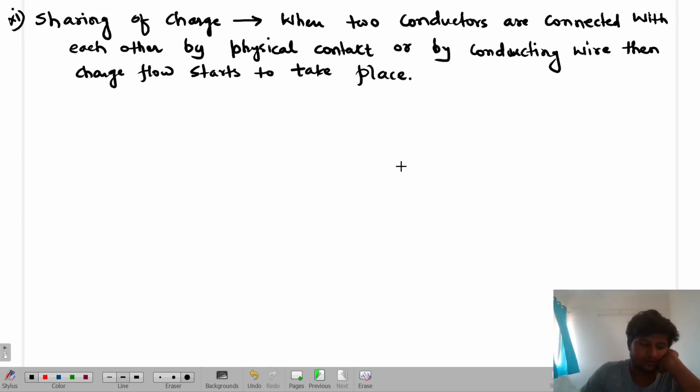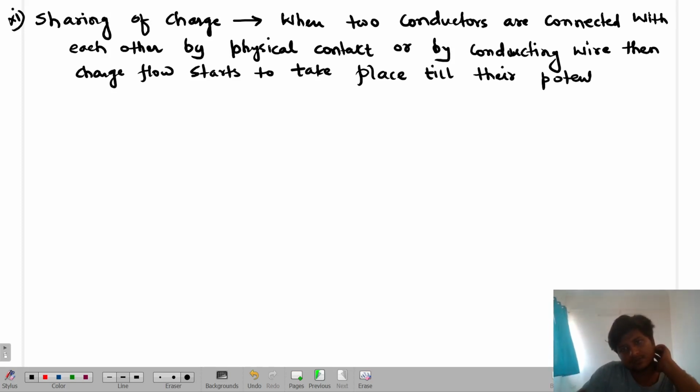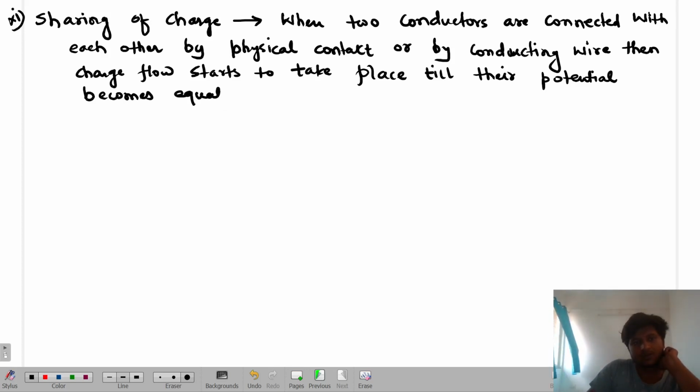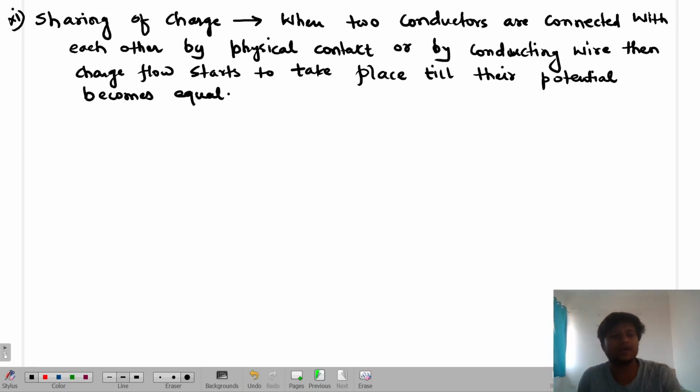Now when the charge flow starts, the question arises: till what time will this charge flow happen? Till their potential becomes equal. So this charge flow will happen till the point where the potential becomes equal to each other. Are you able to get me or not? So this is the sharing of charges.